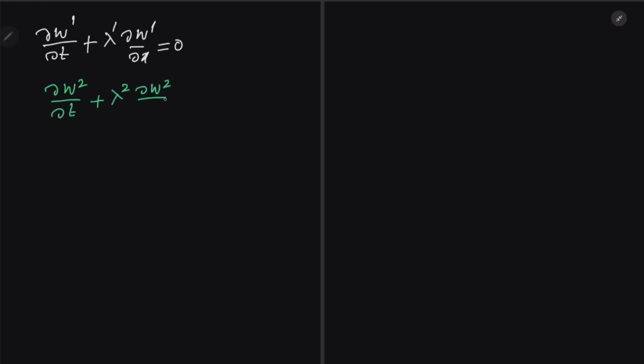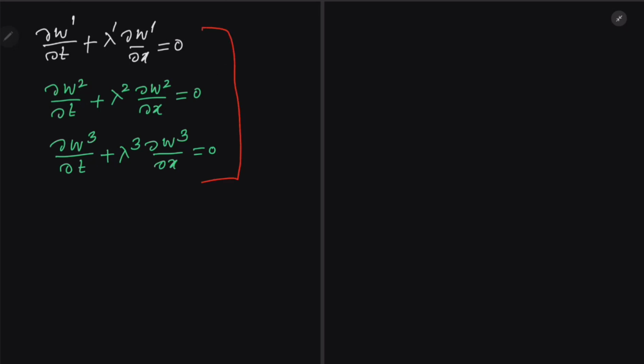Remember that we have partial W1 by partial t plus lambda 1 partial W1 by partial x is equal to 0, partial W2 by partial t plus lambda 2 partial W2 by partial x is equal to 0, partial W3 by partial t plus lambda 3 partial W3 by partial x is equal to 0. That is our system of equations.